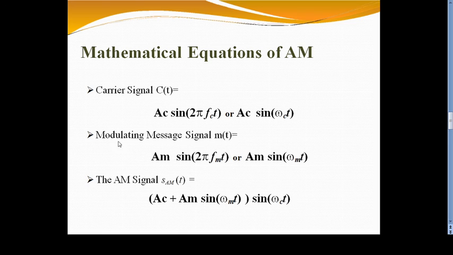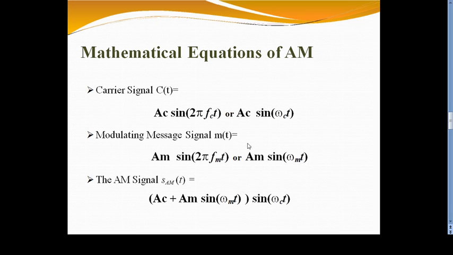We can also define the modulating message signal, denoted by m(t) in the time domain: Am sin 2 pi fm t, or Am sin omega m t, where Am is the amplitude of the modulating message signal.